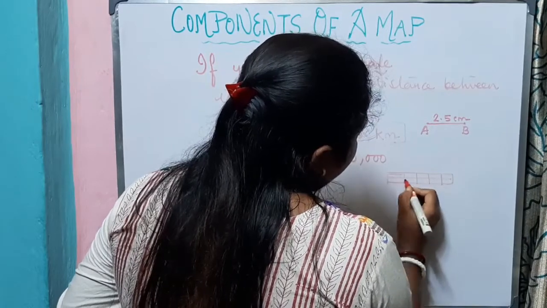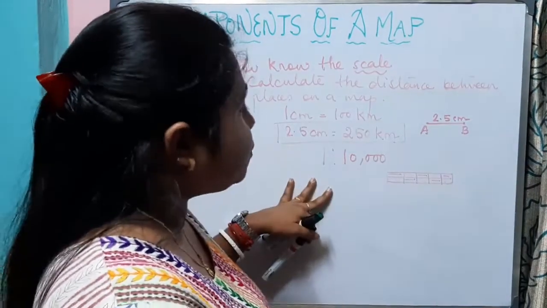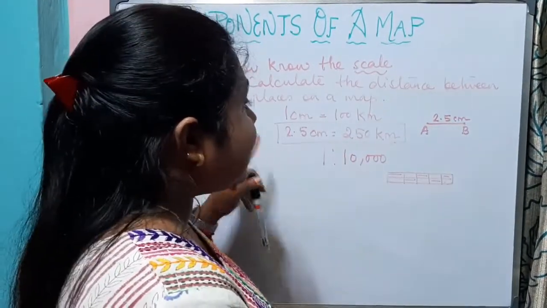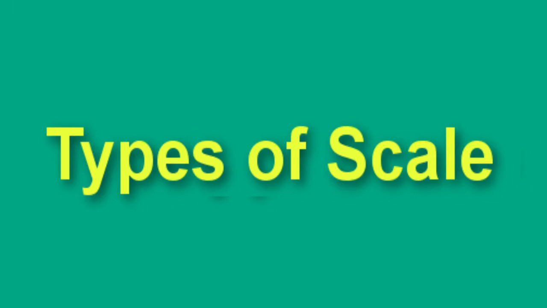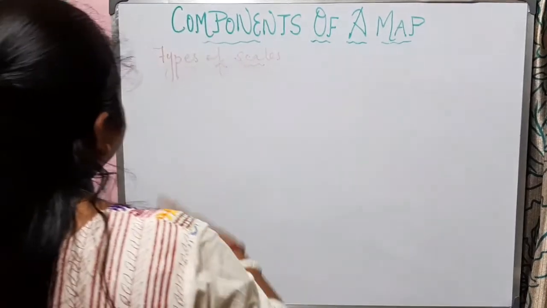So let us know about these 3 different types of scale. What are they called that we can see on a map? Let us see the different types of scale that we can see on a map.